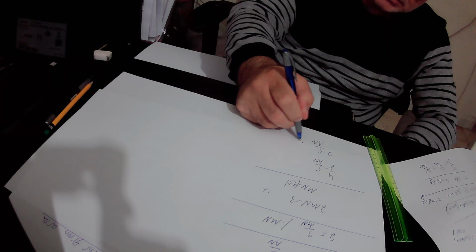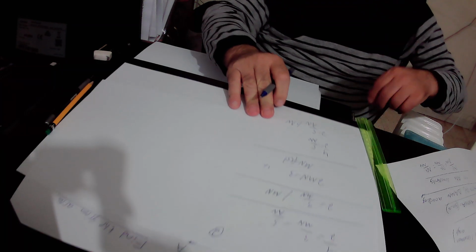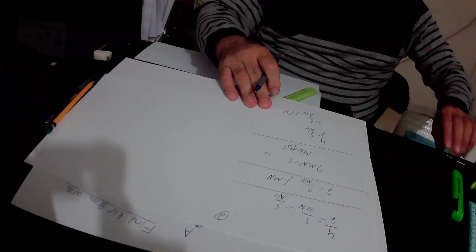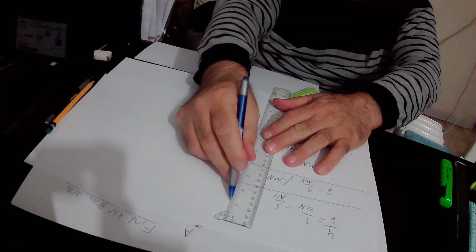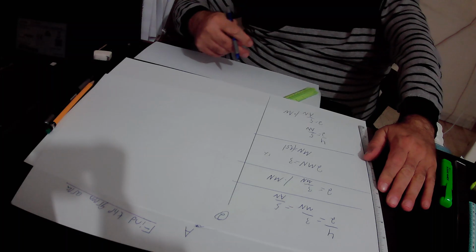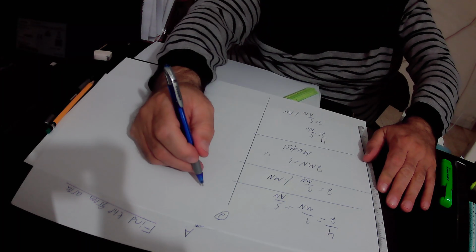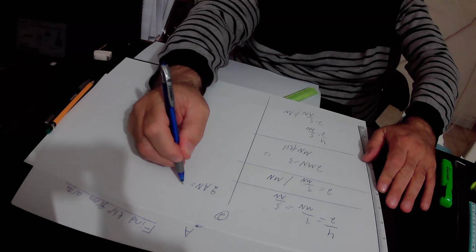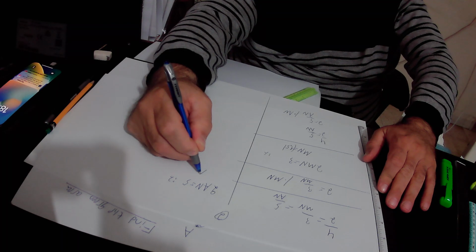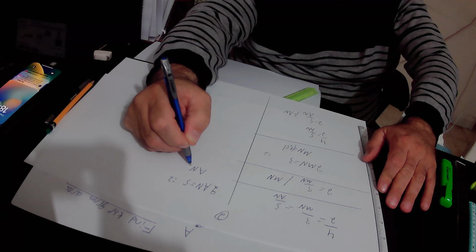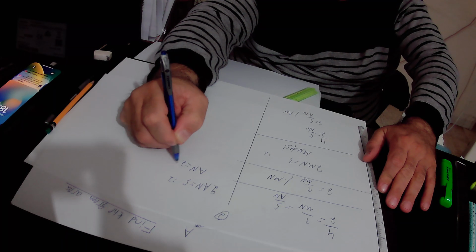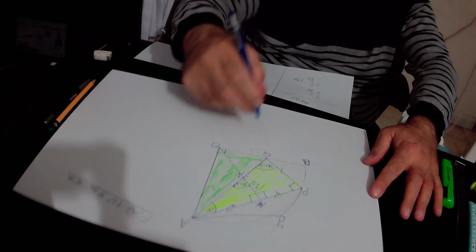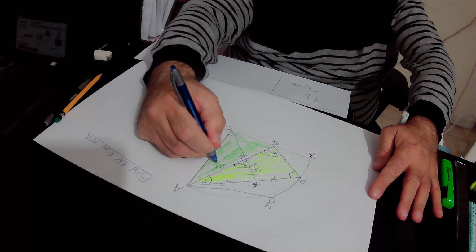We multiply this equation by AN and we get that 2 times AN equals 5. We divide this equation by 2 and we get that AN equals 5 over 2, that is 2.5 units. AN equals 2.5 units.